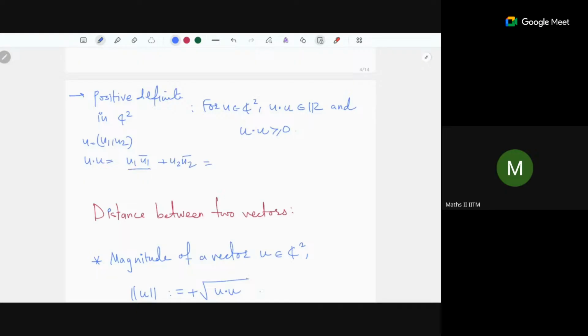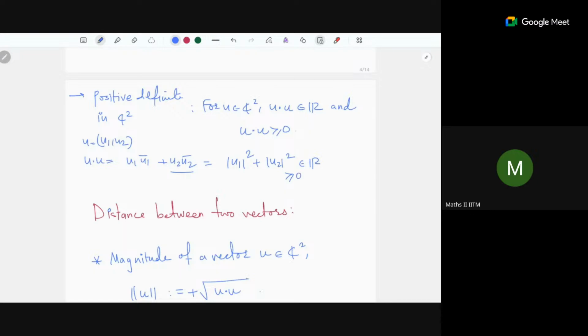Now what is this? This is nothing but the modulus of u1 squared, and this is modulus of u2 squared. This is a positive quantity, and this is also a positive number.